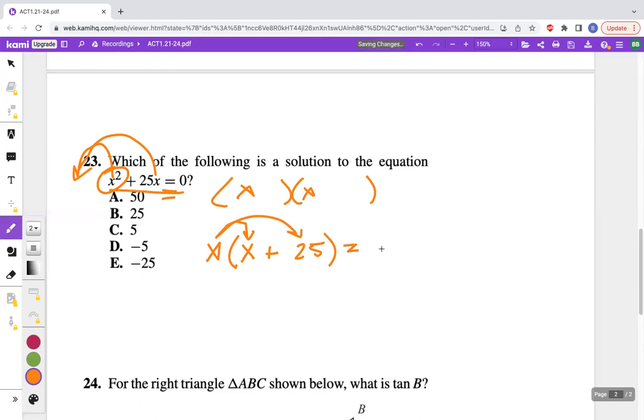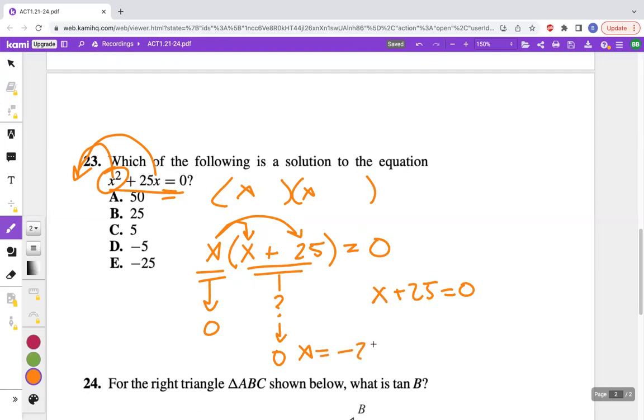So this is equal to 0. The nice thing is that this x is always 0 as a solution. And then on the inside, we're asking what makes this equal to 0. You can always set it equal to 0 and solve. It's pretty clear that x has to be negative 25.